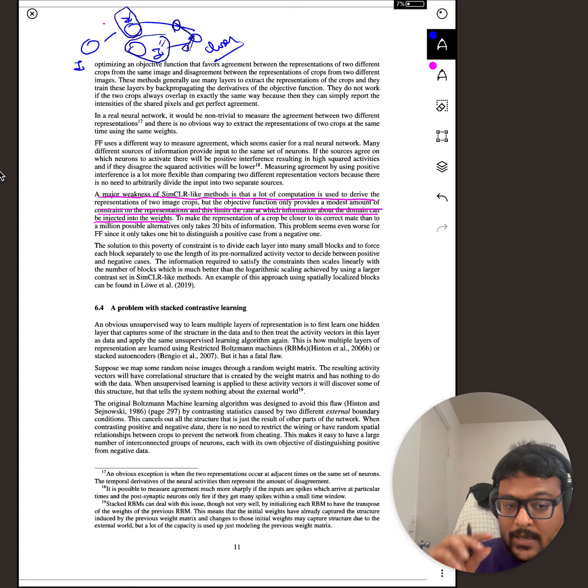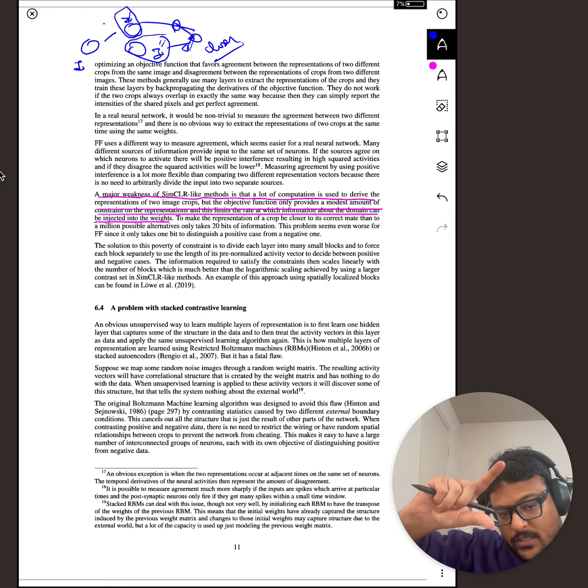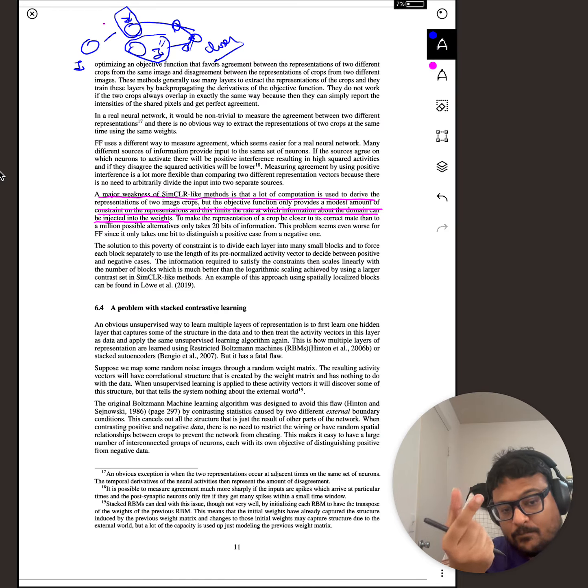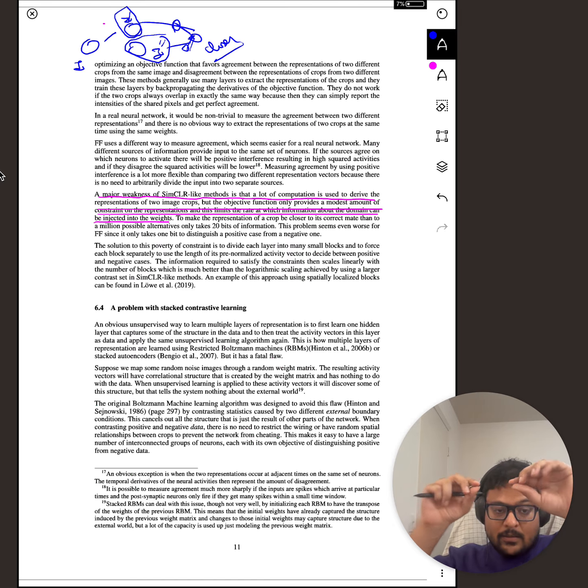So you are incurring the cost of two forward passes and then just bringing them closer in the representational space. The amount of learning signal you get by bringing two representations closer is not that much. You're just making them a little bit closer, but to make them you need to compute the representations first, and that costs you flops in terms of the two forward passes through the network.